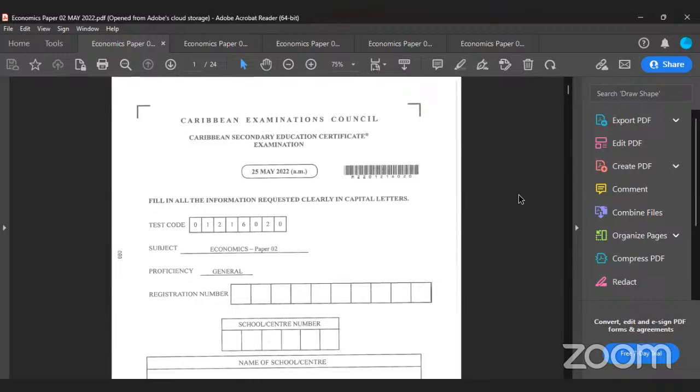Just type CSEC Economics syllabus into Google and the PDF will come up immediately. Open it, look at the various things you're required to know, and study accordingly. You have to make use of the resources available to you, and Google is a pretty massive resource, especially now.